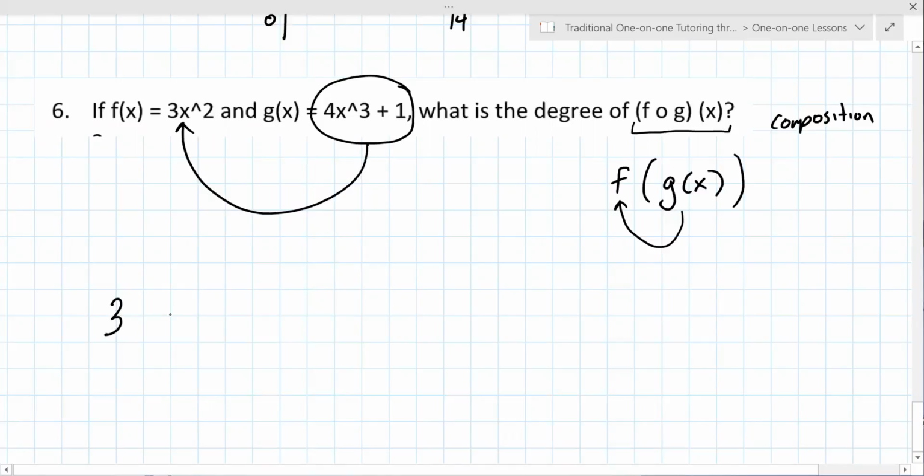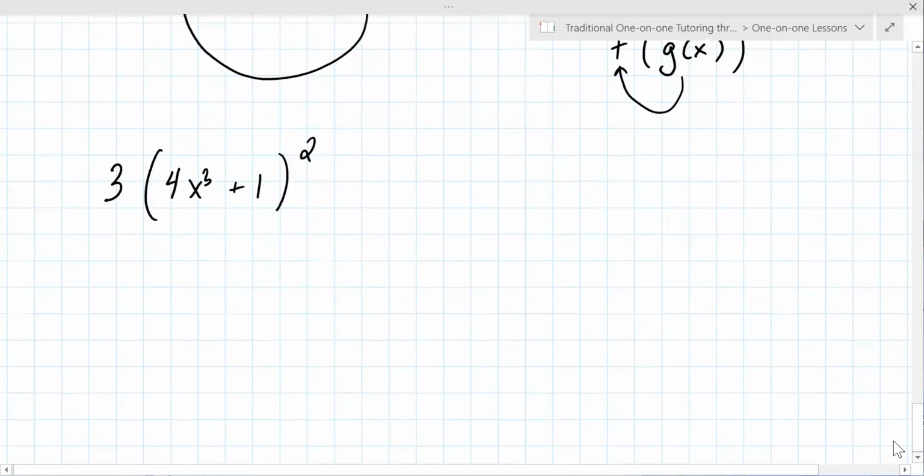So this is 3 times (4x cubed plus 1) squared. Now, we talked about how to FOIL this, and we kind of have to answer this question. So this is (4x cubed plus 1) times (4x cubed plus 1). That's literally what this 2 means. It means you multiply it by itself. All right.